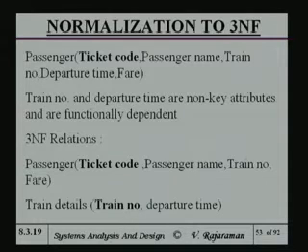Now you can see that train number is related to departure time. So non-key attributes train number and departure time are related.